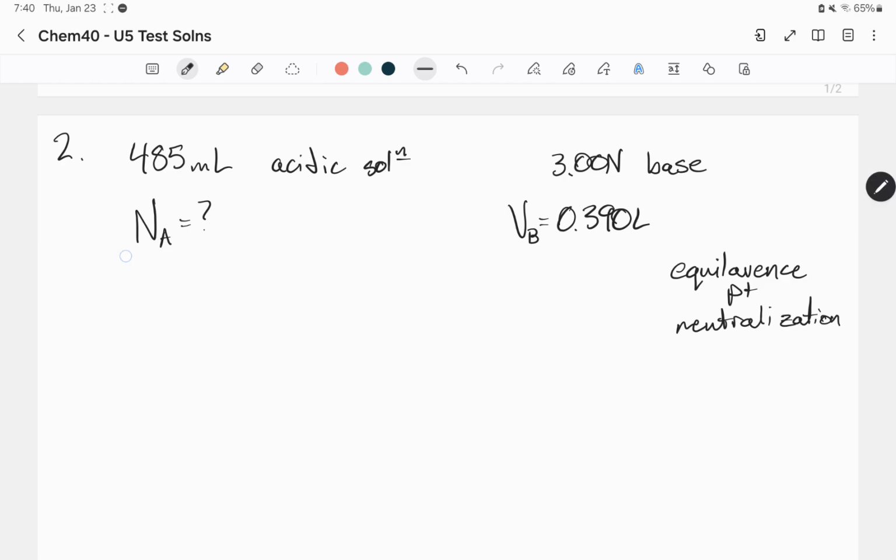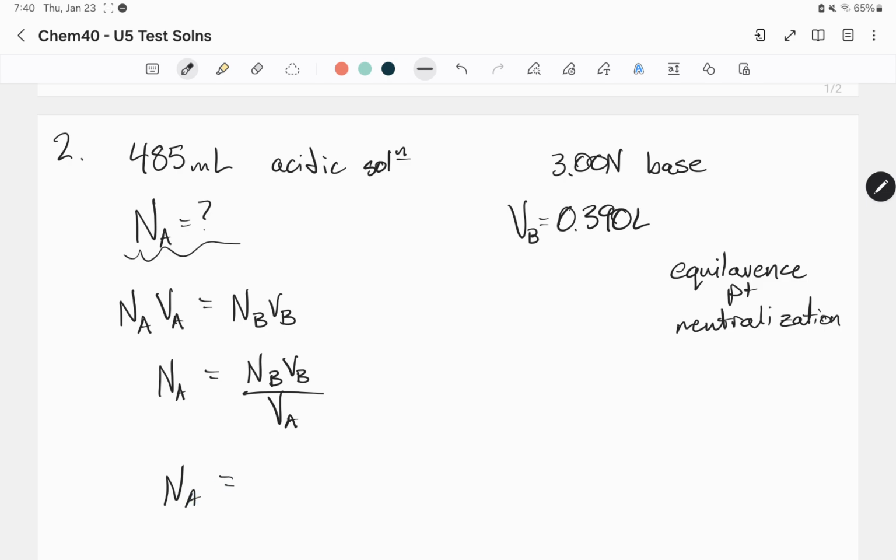We're looking to figure out normality based on the information given. It looks like we're going to be using this formula to solve for the normality of the acid. Okay, so we have that formula there.